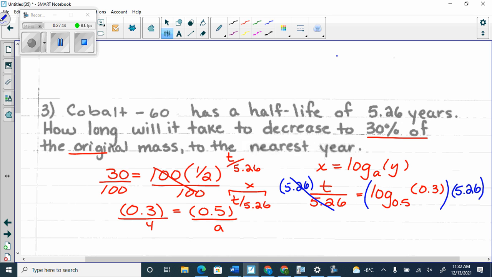So I get log 0.3 divided by log 0.5 times 5.26, which t is 9.136, so t equals 10 years. It should say decrease to at least 30%.